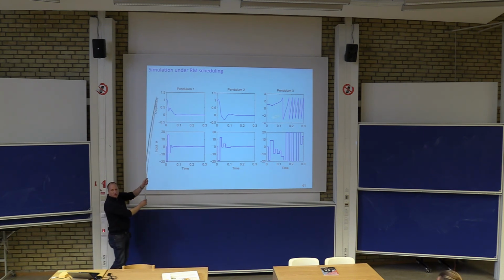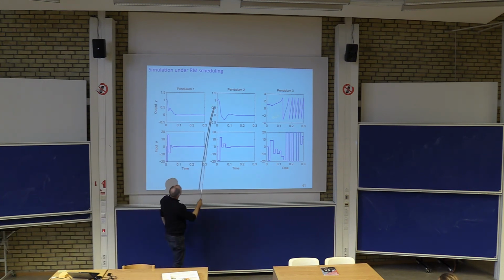Pendulum 1, which was the pendulum with the fastest dynamics and the shortest period, will have the highest priority. So whenever it would like to execute, it can execute its control task. If we start with a small deviation in the angle, it will actually stabilize, so we go back to equilibrium when it's pointing upwards.